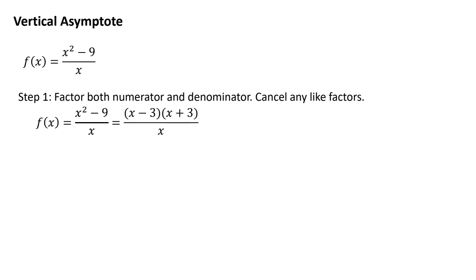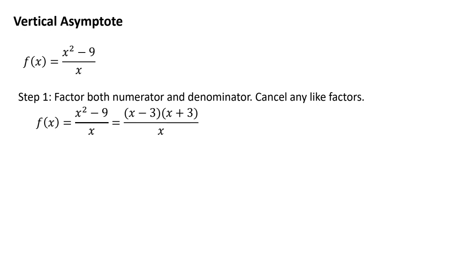For the vertical asymptote, we always want to factor both the numerator and denominator. The reason we do this step first is that if there are any factors we can simplify out, they become gaps or holes in our graph. Those holes are not necessarily asymptotes.